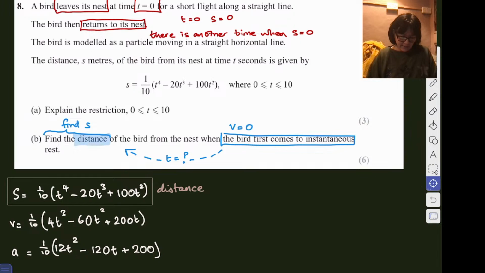They've given us S. Now this is the one that I told you about. They've described it as the distance of the bird from the nest. It's the distance from the nest, not the distance it has flown, but the distance from the nest, which is displacement.